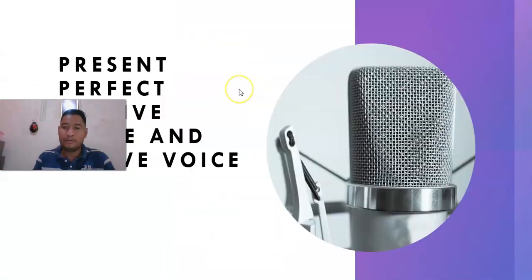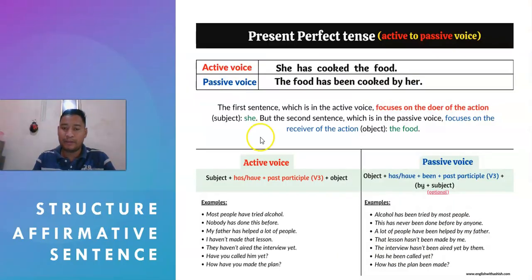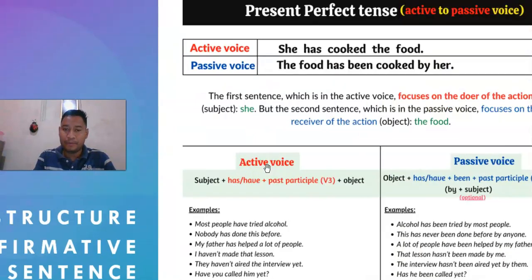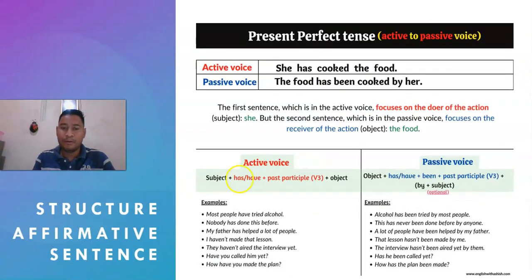Sorry. Moment, please. We have the structure in this slide. Active voice: subject plus has or have plus past participle plus object. Okay.